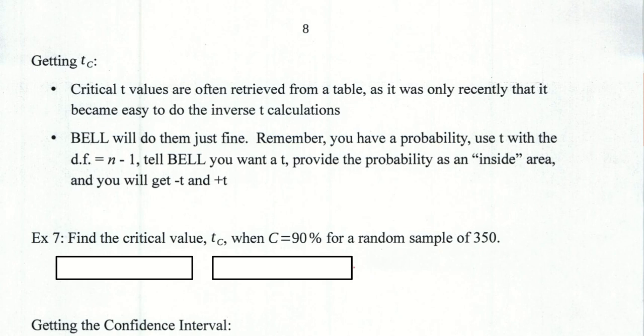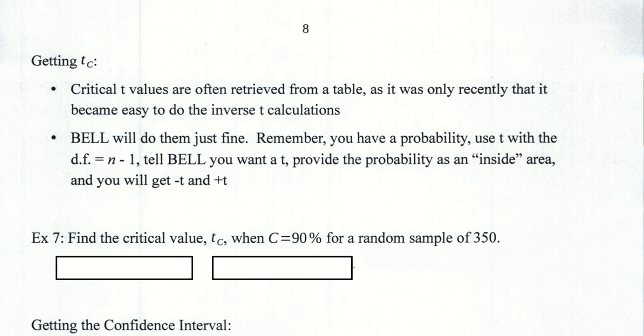It's going to ask you for the degrees of freedom, and remember the degrees of freedom is n minus 1, so enter 349, that is 1 less than 350, for the degrees of freedom, press Enter. Now, it's going to ask us, do you want x's? Well, that would be if we were looking for the confidence interval itself, but we're interested here just in the critical value, so instead of asking for an x value, we're going to ask for a t value, so a 1 for that. It's going to ask us for the probability.